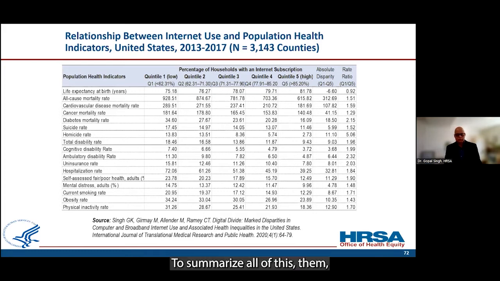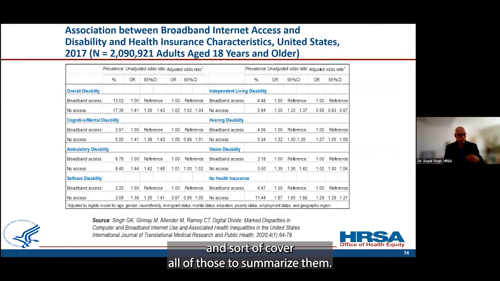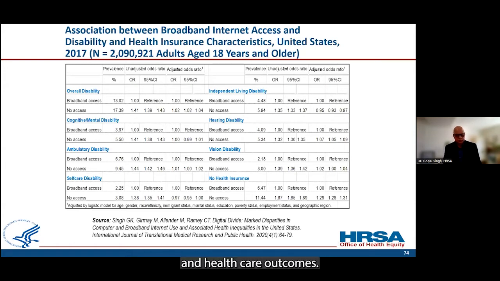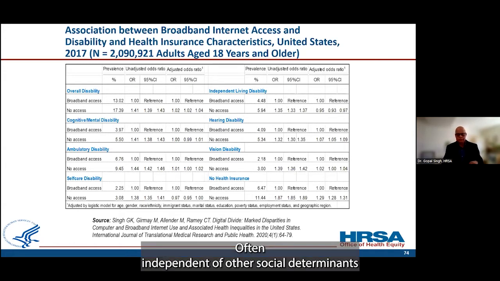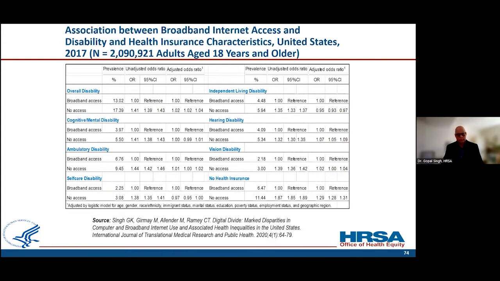To summarize, I think I already covered the rest of the slides. Broadband access is an important predictor of population health and healthcare outcomes, often independent of other social determinants such as education, income, employment, and race and ethnicity.